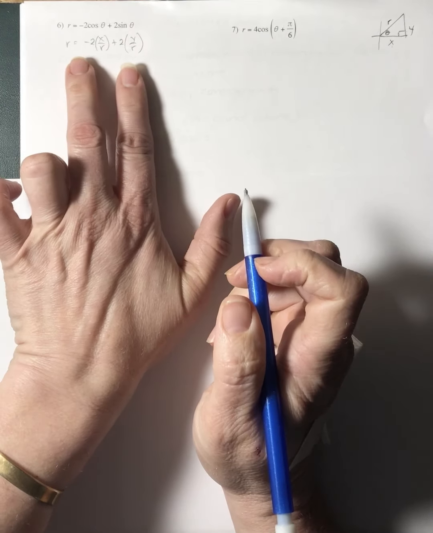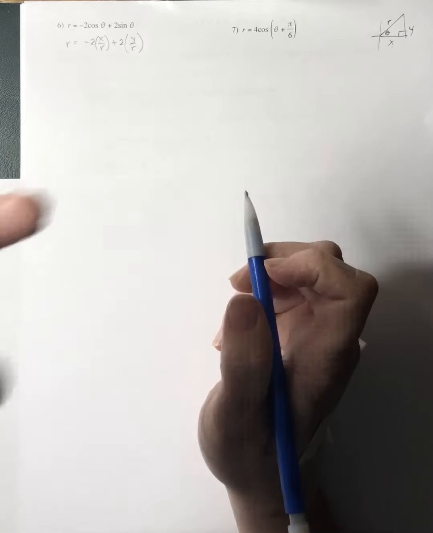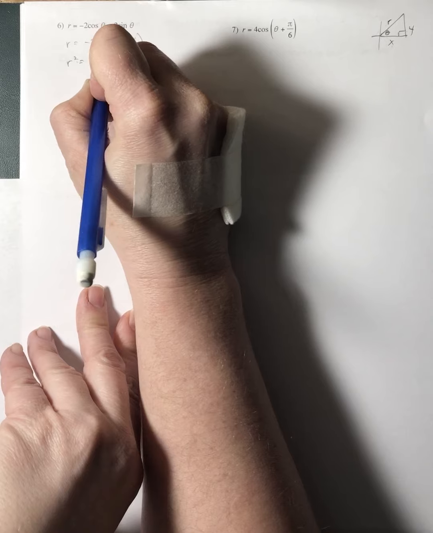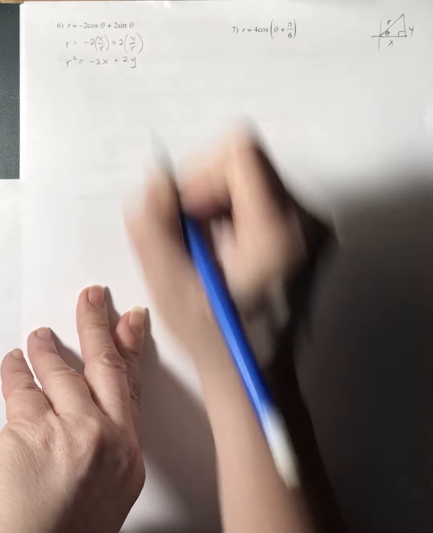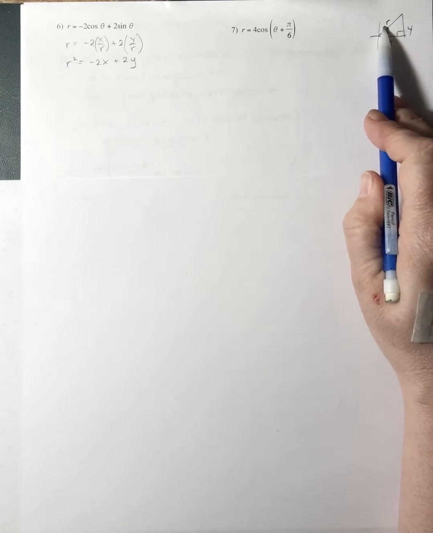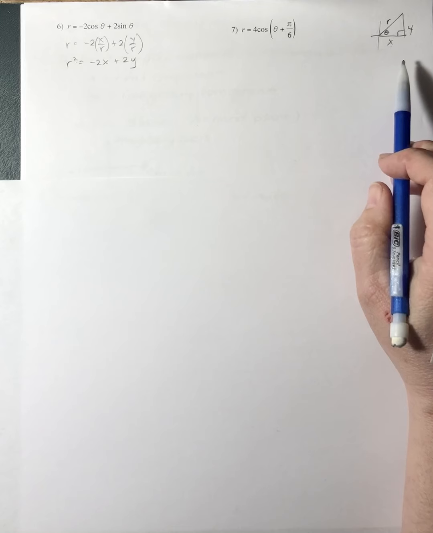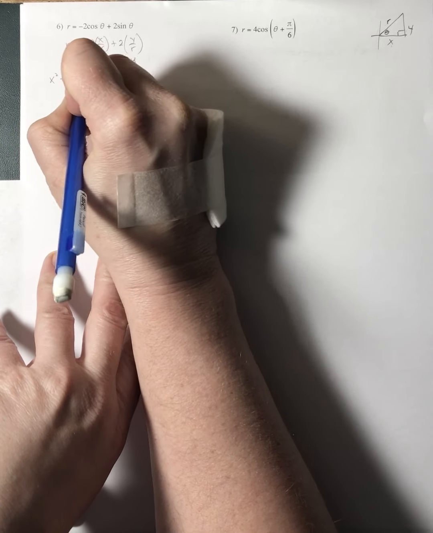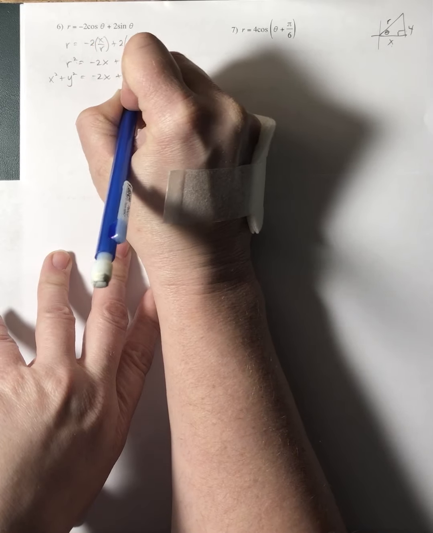And then if I multiply both sides by r, I have r squared equals -2x plus 2y. x squared plus y squared equals r squared, Pythagorean theorem. So I can replace this with x squared plus y squared.